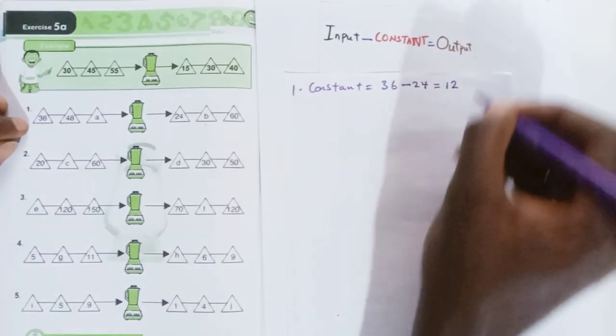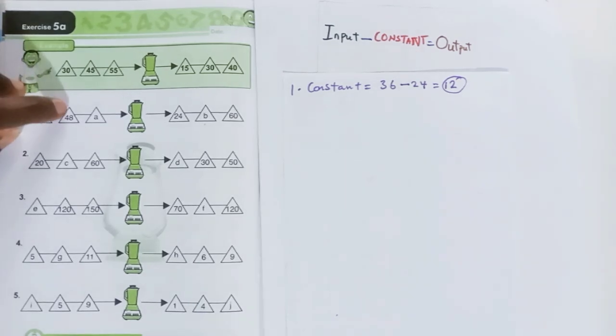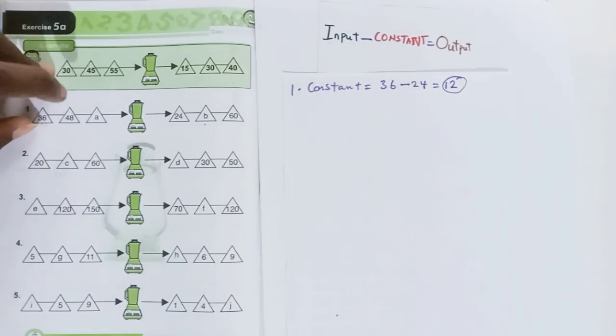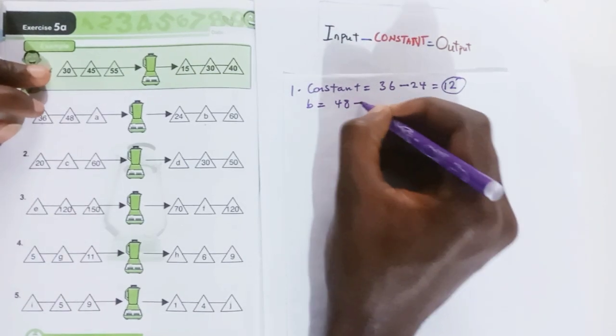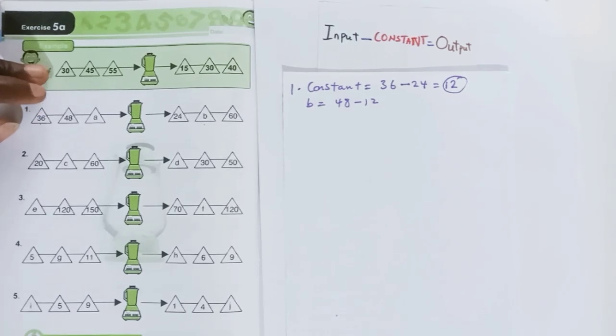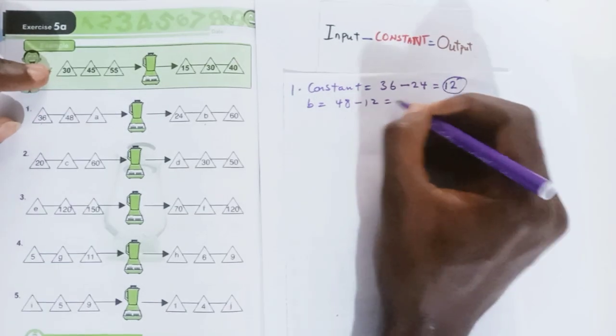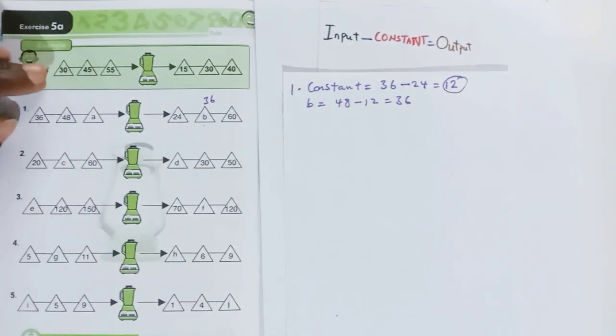So our constant is 12. Now we're going to subtract 12 from 48 to get B. So B will be equal to 48 minus 12. 48 minus 12 is 36. So B here is 36.